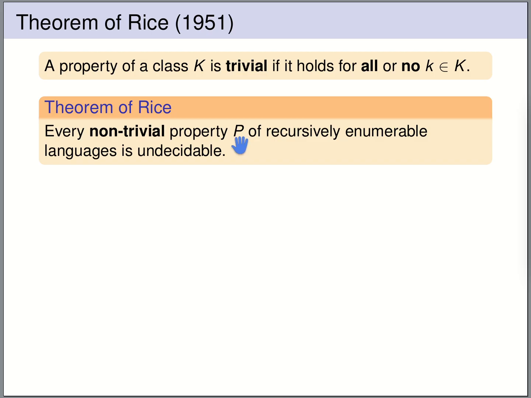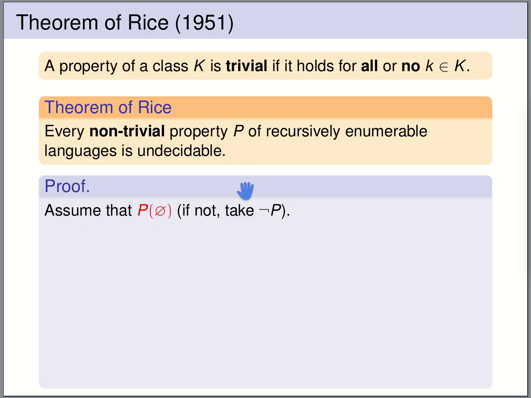So now let's prove the Theorem of Rice. Let P be a non-trivial property. Without loss of generality, we may assume that P holds for the empty language. If P would not hold for the empty language, then we can do the same argument with the negation of P. Because the negation of P is again non-trivial, and the negation of P is decidable if and only if P is decidable.